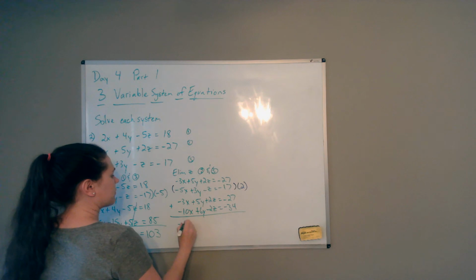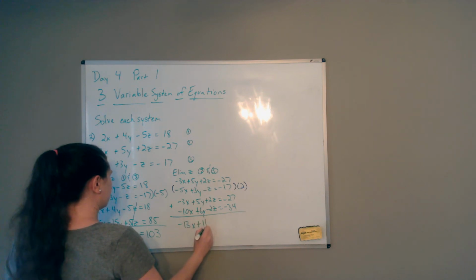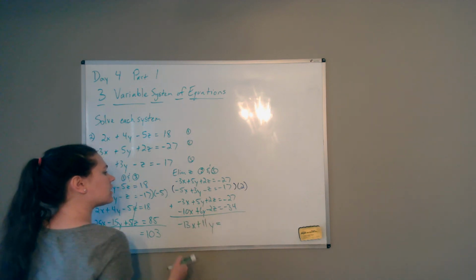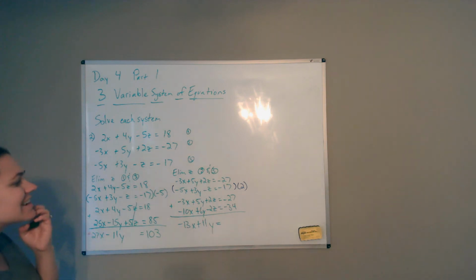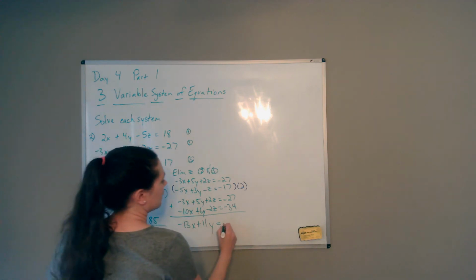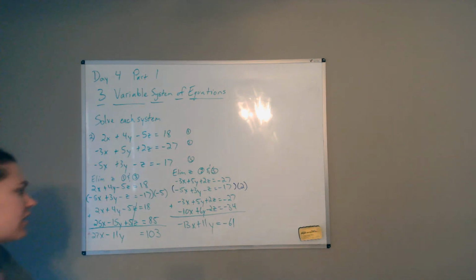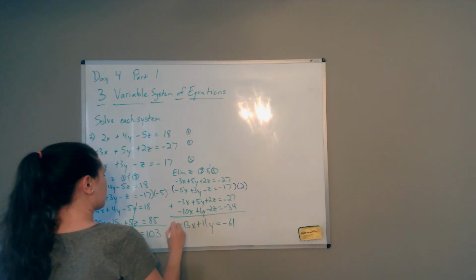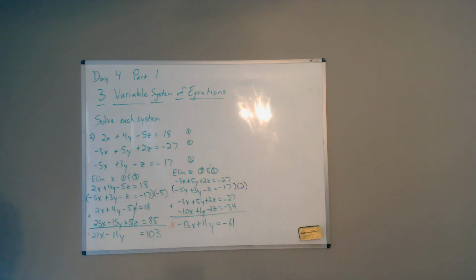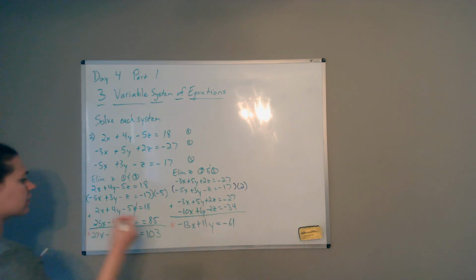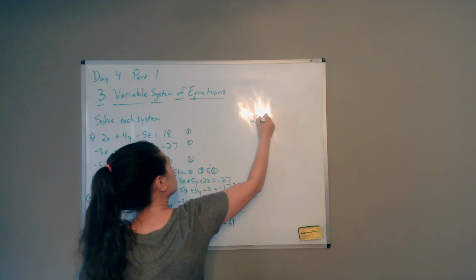We get negative 13x plus 11y equals negative 27 plus negative 34 puts us at negative 61. So here's our second equation that doesn't have z in it. So we take those two, put right below your work. I'm just going to hold on to them because I'm about to erase the board.